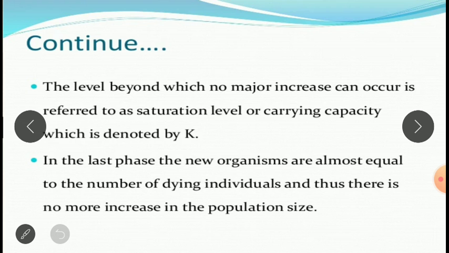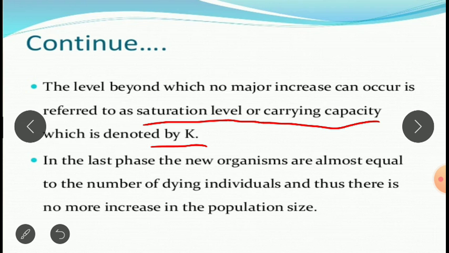So this is the level beyond which no major increase can occur, referred to as the saturation level or carrying capacity, which is denoted by K. This is the maximum level or the maximum capacity to which a population can grow.